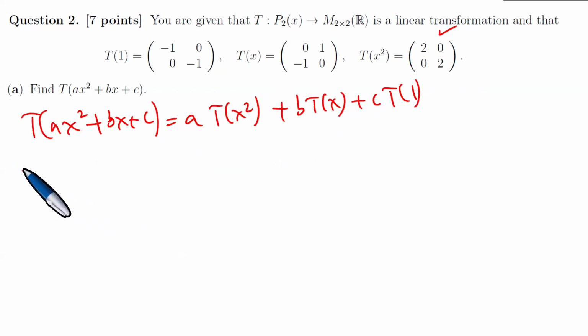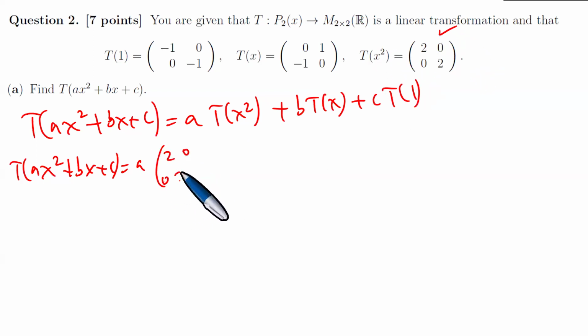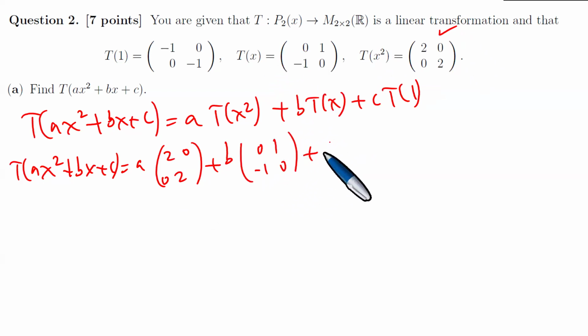So what is T of x²? We already got it: it is 2, 0, 0, 2, plus b times T(x), which is already 0, 1, -1, 0. What is T of 1? It is already -1, 0, 0, -1.